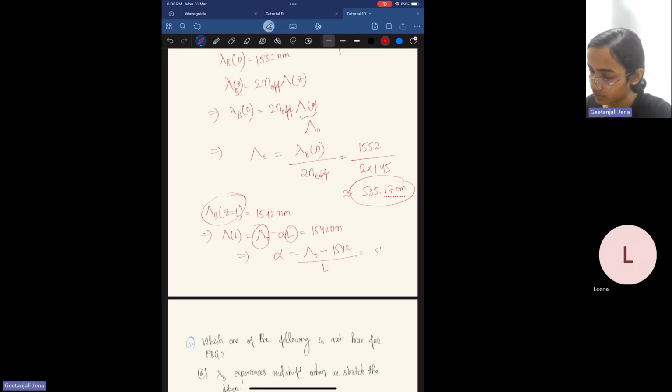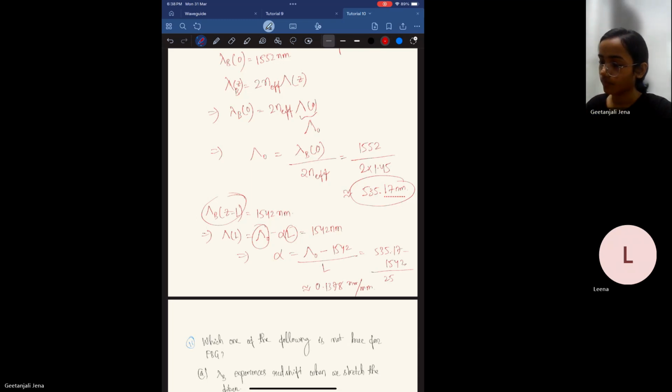This is 535.17 minus that value, over 25, which comes around 0.1378 nanometer per millimeter.